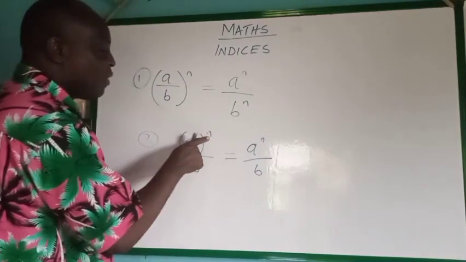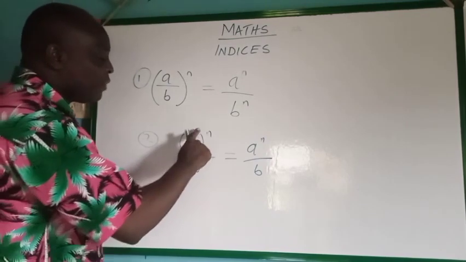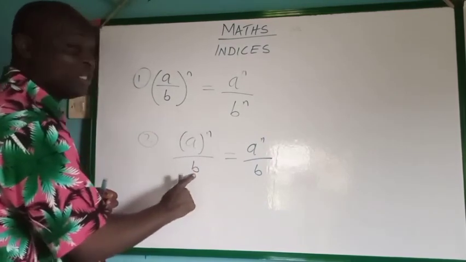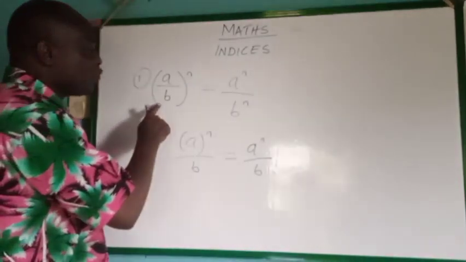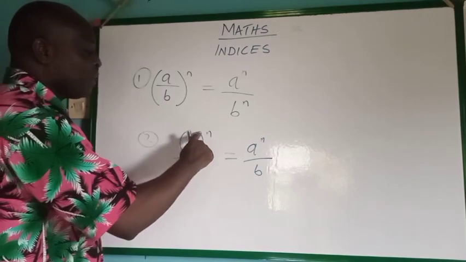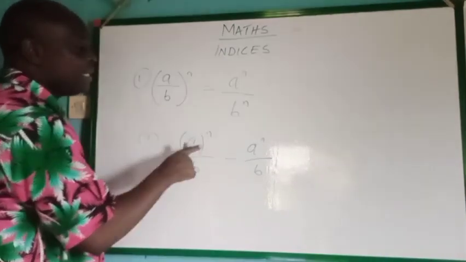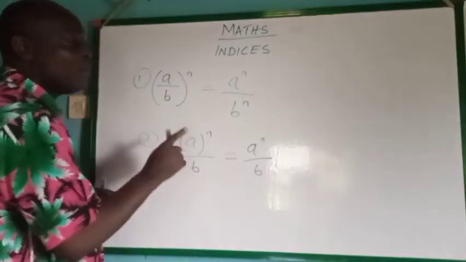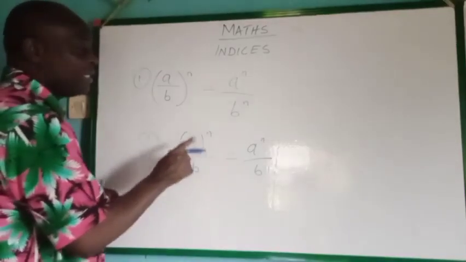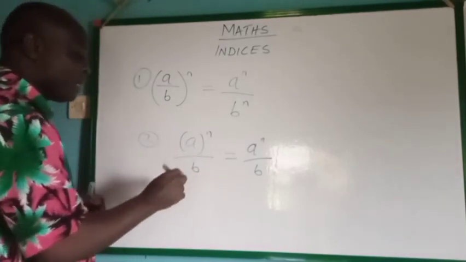You see that the power does not affect the denominator. Why? Because the bracket is not covering the denominator. So it will only affect the numerator, as in this case. If the bracket was covering the numerator and the denominator, then the power will affect both of them. But as it is here, the power will only affect the one that is having the bracket.